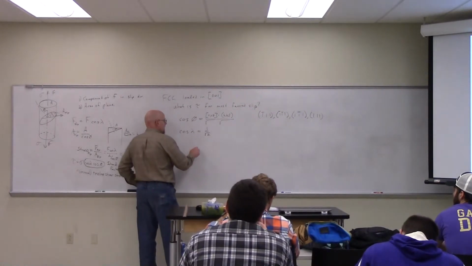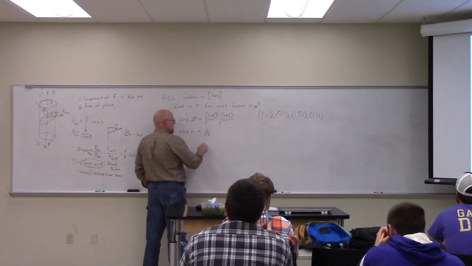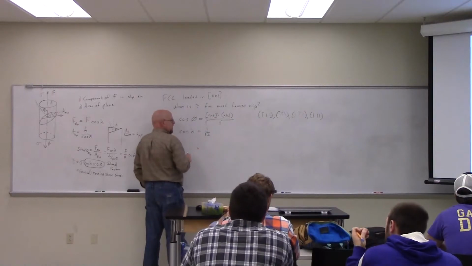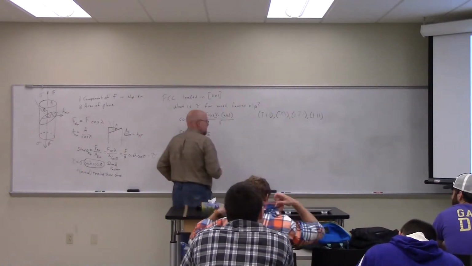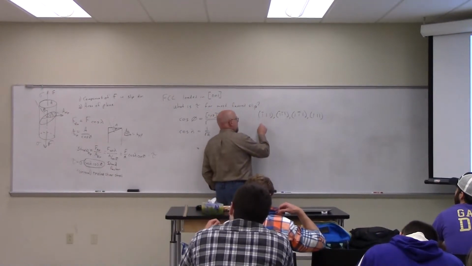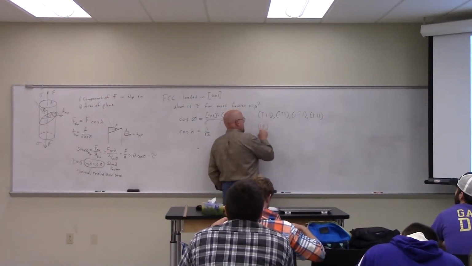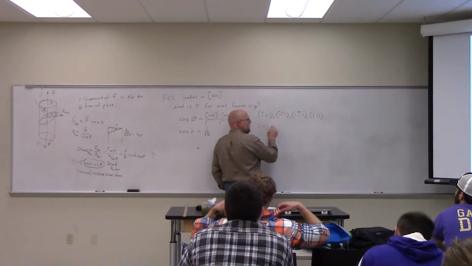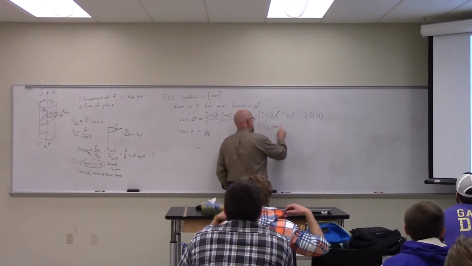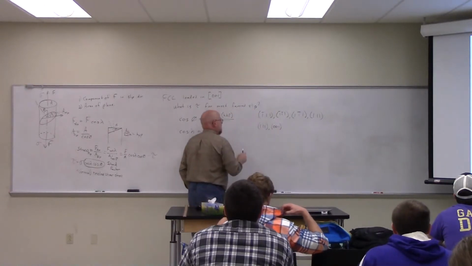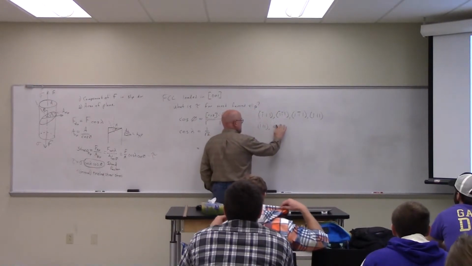So, using the dot product, what's the dot product of the directions here? Let's pick this one since we've got it. We've got the 1, 1, 1 plane, and what's the pulling direction? 0, 0, 1. So it's going to be 1.